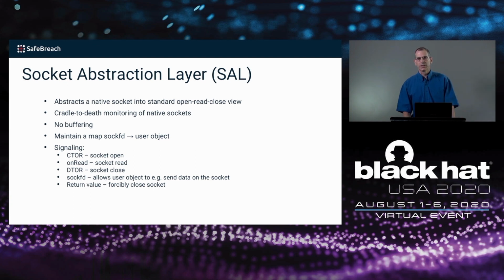I signal to the user object important actions by using the constructor to signal a socket open, an on-read invocation which signals a socket read, and the destructor signals a socket close. I provide the user object with the socket file descriptor, so the user object can interact with the socket, and the user object signals back to me in the return value whether I should forcibly close the socket.